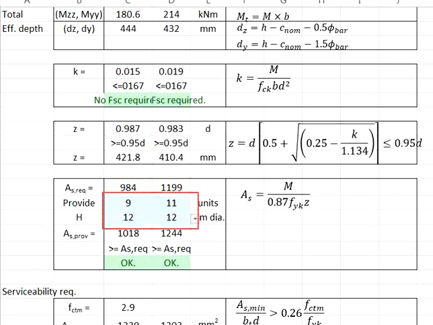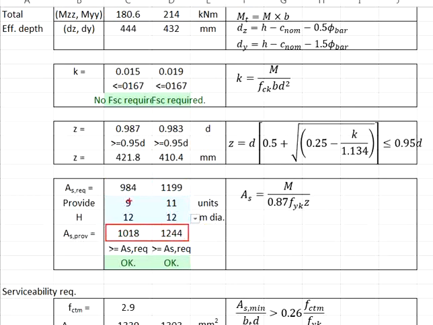Let's say we provide just enough amount of reinforcement bar, which in the major axis you have 9 units of H12 mm rebar, whereas in the minor axis you have 11 units of H12 mm rebar, giving you the AS provided slightly greater than the AS required.